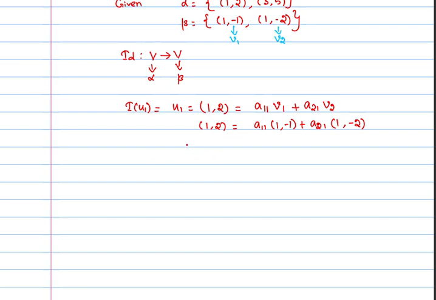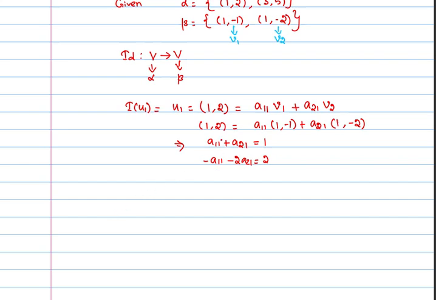So this becomes a system of two equations: A11 plus A21 equals 1, and minus A11 minus 2A21 equals 2. You will get it correct.